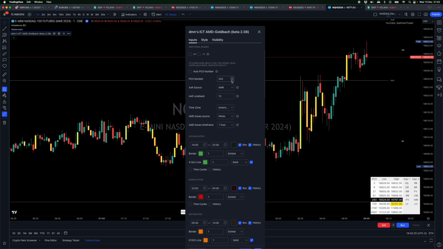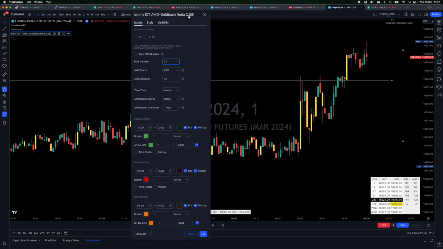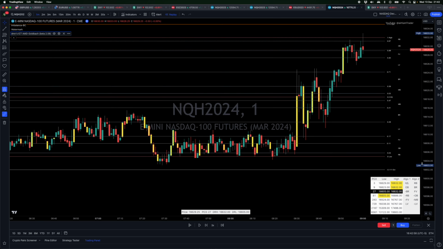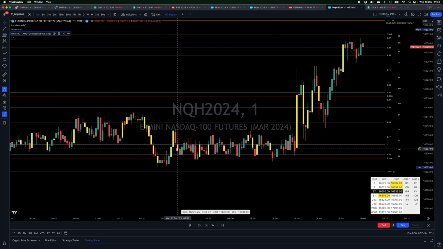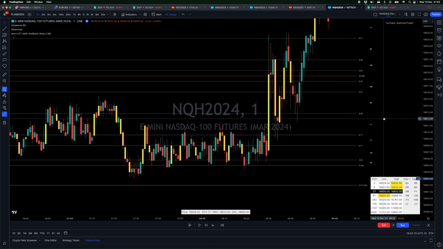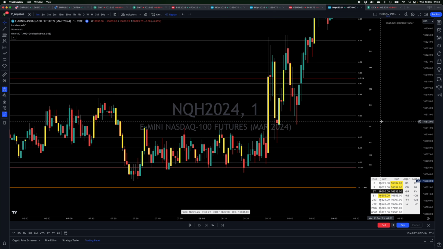So let's switch to the 27. There we go. Now, the first thing that should be interesting to you is, yes, price did consolidate in the order block Goldbach partition. Price was consolidating in the order block Goldbach partition. And let's see how sensitive price was to the Goldbach levels.